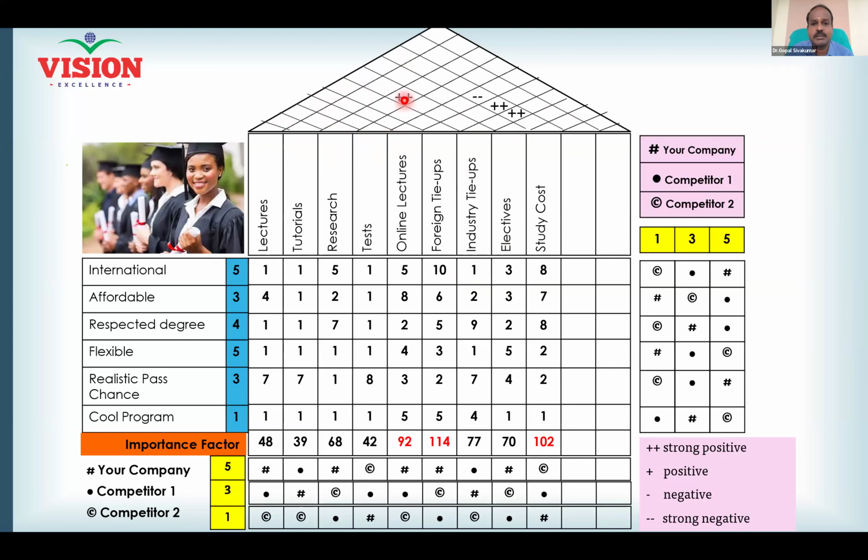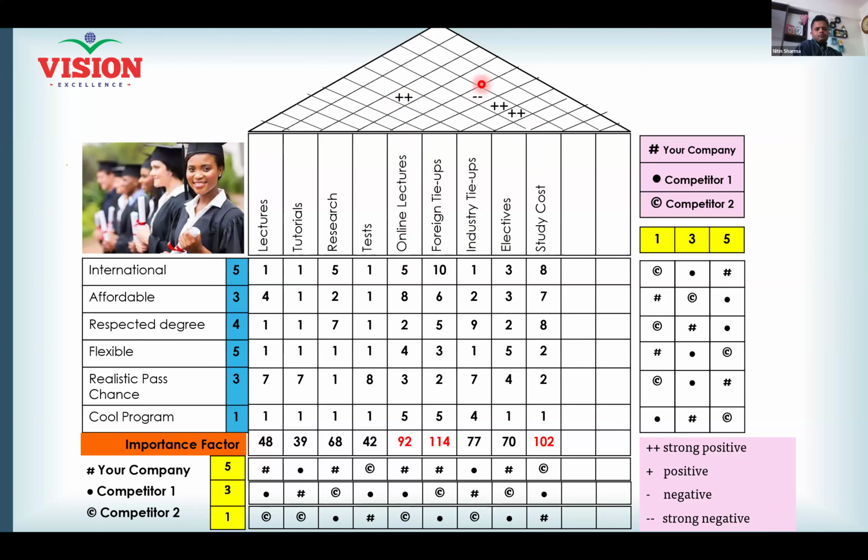For example, this double plus indicates that if there are too many industries tied up with your institution, then the number of research projects that can happen in your campus will get boosted. Am I right? So I see a positive relationship here, so I put double plus. Another thing, online lectures and the study cost. If the majority of the lectures are happening online, what will happen to the cost?